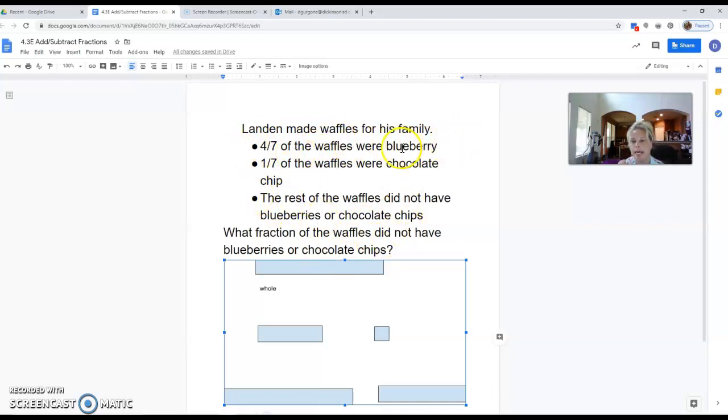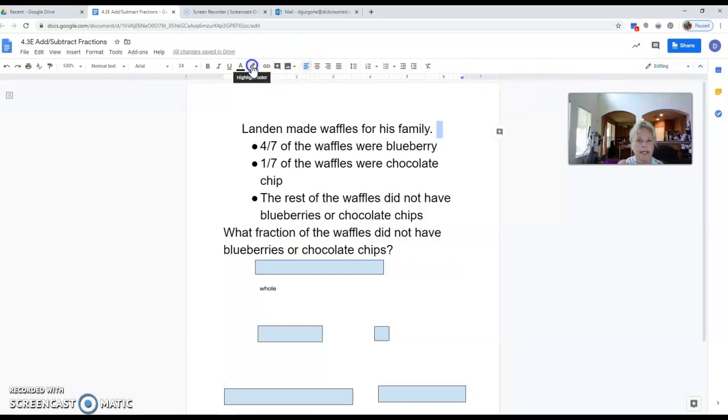We have some blueberry waffles, some chocolate chip waffles, and then some waffles that did not have blueberries or chocolate chips.